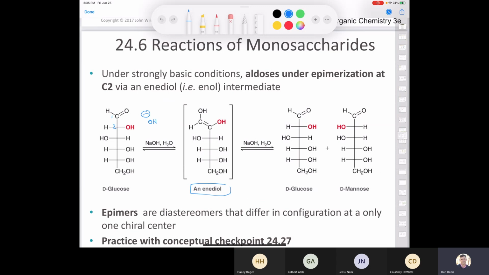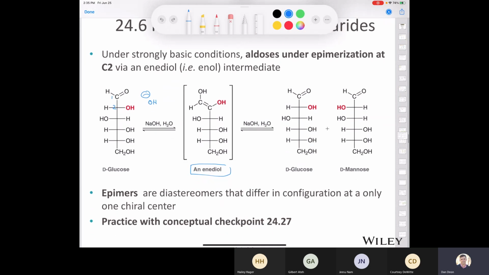And we call the relationship between D-glucose and D-mannose, yes, they are diastereomers, right? Because they differ at one stereocenter, but we call them epimers, which is more specific in that they're diastereomers, but they only differ in the configuration at one chiral center.